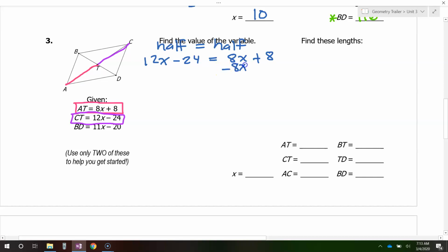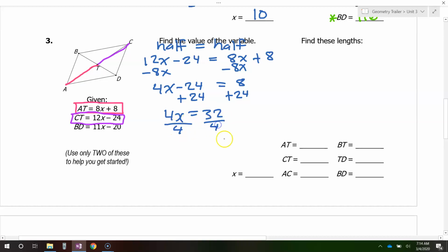Subtracting 8x from both sides is going to give us 4x minus 24 is equal to 8. If we then add 24 to both sides, then we get 4x is equal to 32. So of course we then divide by 4 and we get x equals 8.